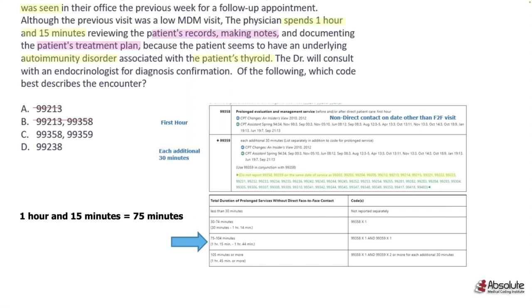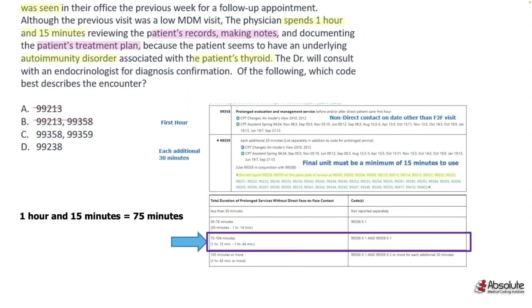But for those of you that say, well, how can you code 99359? It says each additional 30 minutes. Well, the guidelines also say that the final unit must be a minimum of 15 minutes to use 99359, and that's what we had remaining.